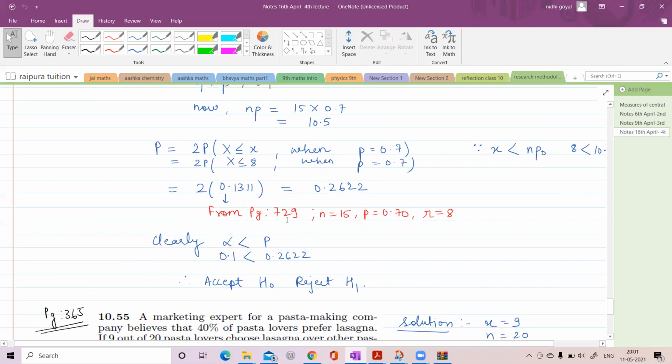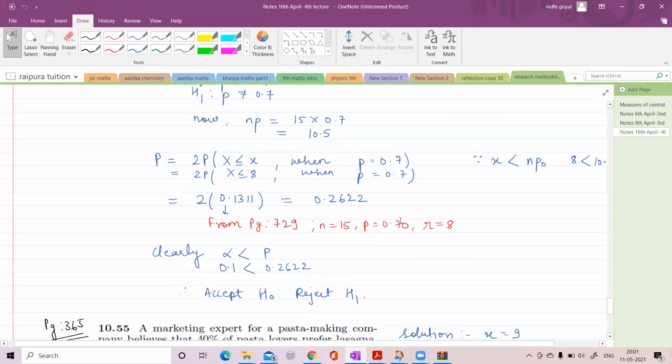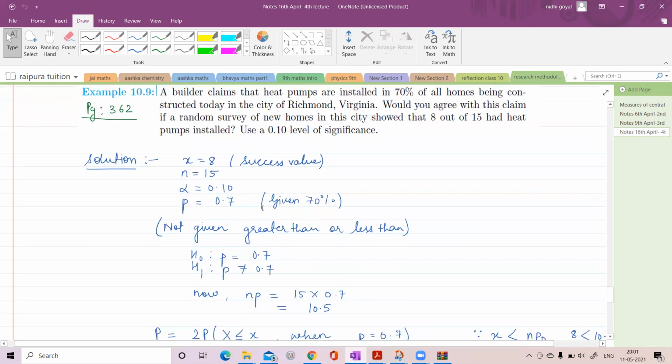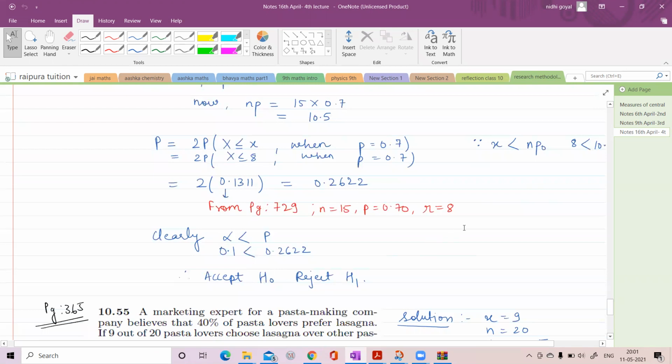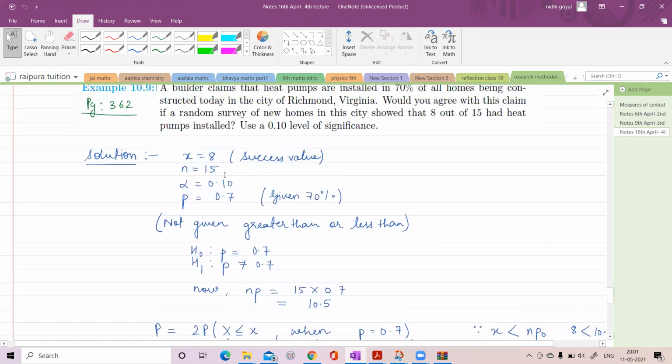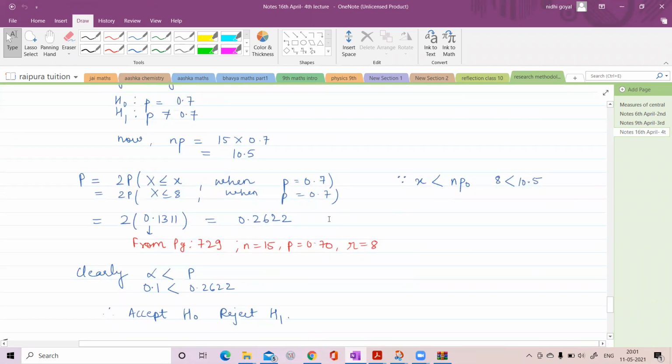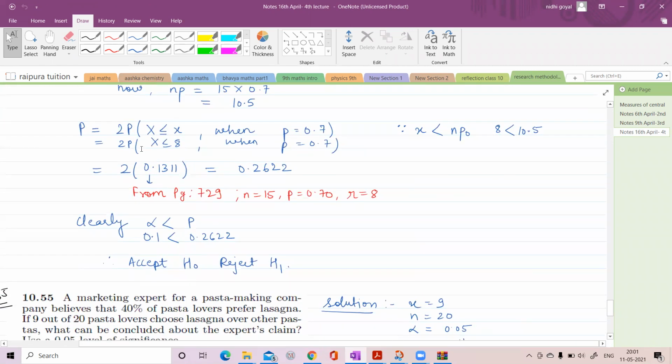On page number 729, we have to look at three values: N equals 15, P equals 0.70, and R equals 8, which is our corresponding value of X. Only these three things will be required to see the corresponding value.